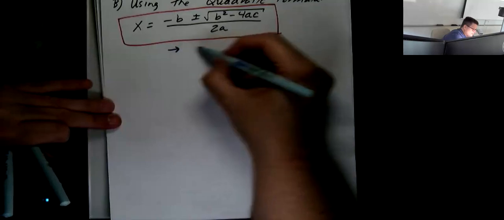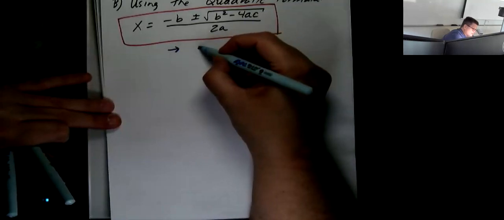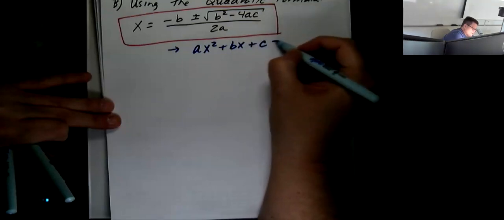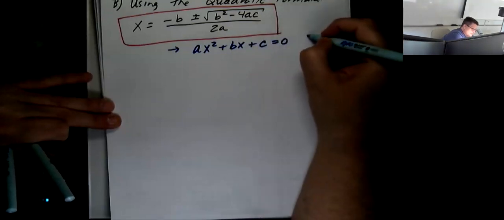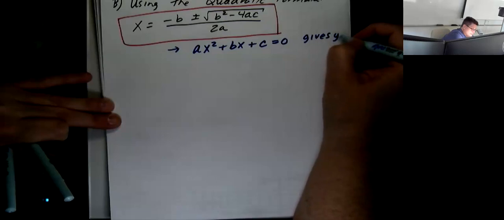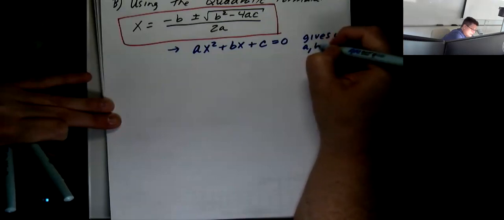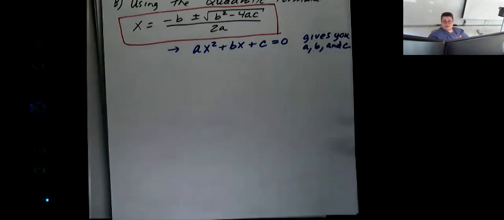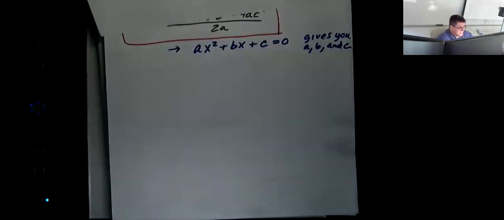A, b, and c come from ax squared plus bx plus c equals 0, which gives you a, b, and c. So you need the equation to be set up to equal 0, just like the zero property. The zero property one requires the right side to equal 0.